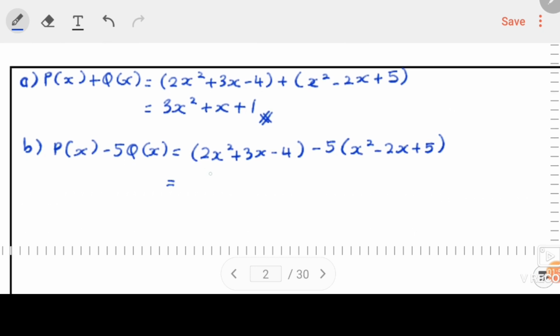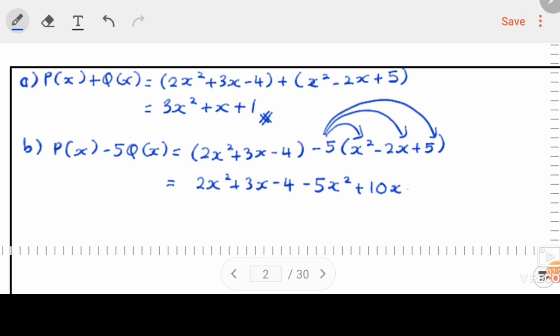Then we copy down P(x), 2x squared plus 3x minus 4. We have to expand the second term. Negative 5 multiply with each term in the bracket. So negative 5 times x squared becomes negative 5x squared. Negative 5 times negative 2x become plus 10x. Negative 5 times 5 become negative 25.